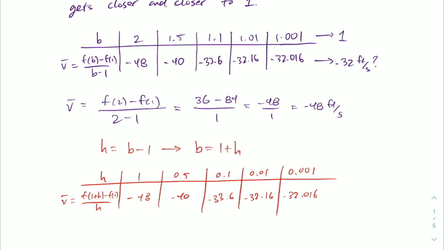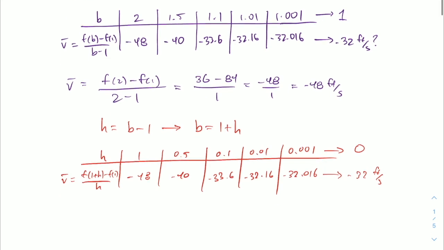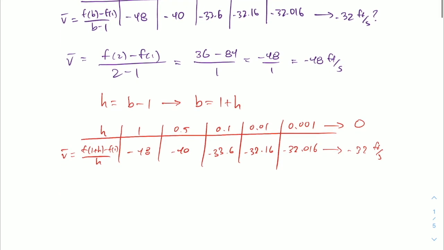Again, we see that the average velocity seems to be approaching negative 32 feet per second. But instead of b going to 1, we have h going to 0. So as h goes to 0, we're hypothesizing that this average velocity goes to negative 32.